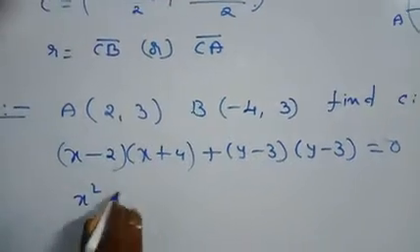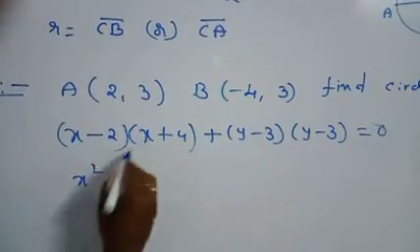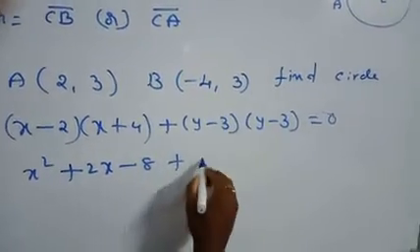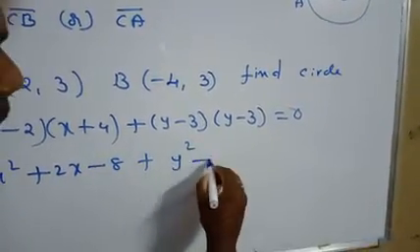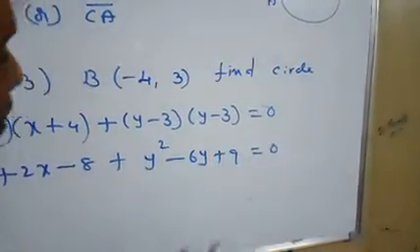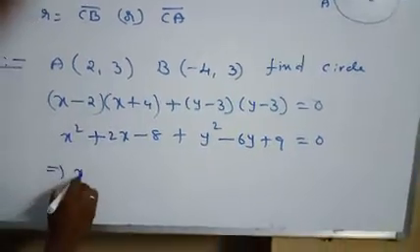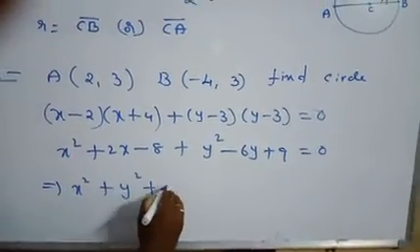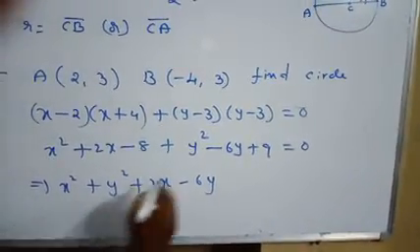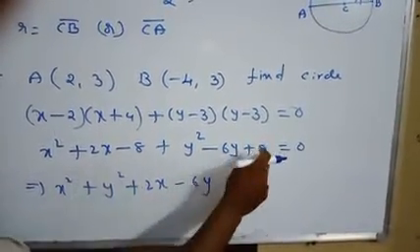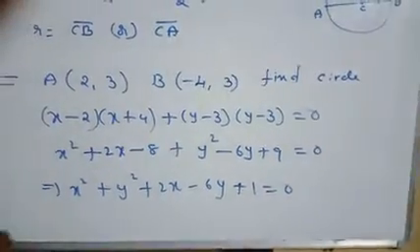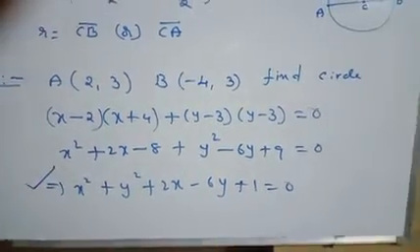So x square plus 4x minus 2x minus 8 plus y square minus 6y plus 9 equal to 0. So this implies x square plus y square plus 2x minus 6y minus 8 plus 9, so minus 8 plus 9 is plus 1, equal to 0. So this is the circle equation.